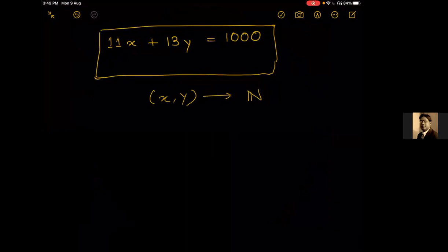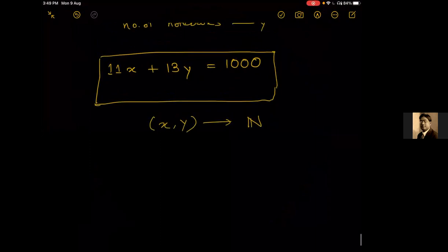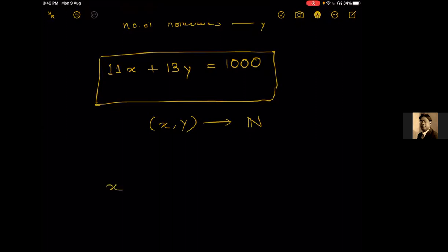So, sir, x is equal to 1000 minus 13y by 11. As x is a natural number, therefore 1000 minus 13y is congruent to 0 mod 11.